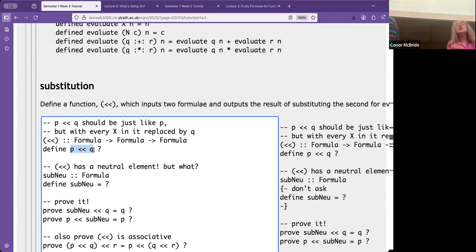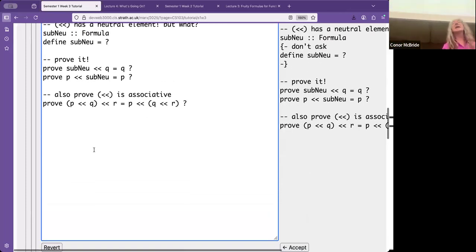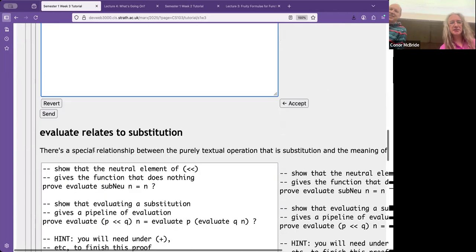So if you can add, you can substitute. It's the same process, so please don't be freaked out by it. And guess what? It's got a neutral element, and it's associative. You might see that there's a bit of a pattern.